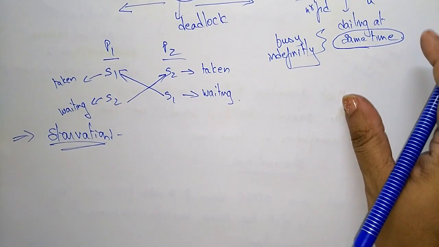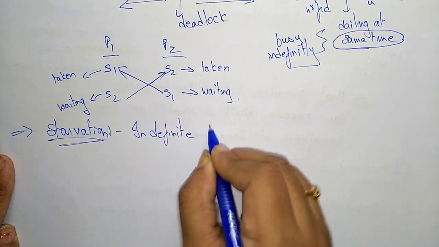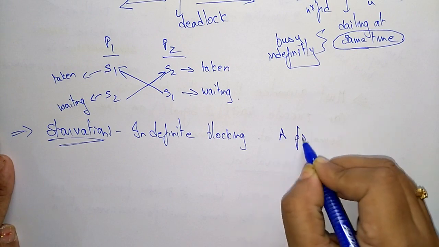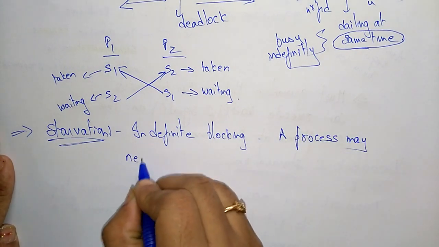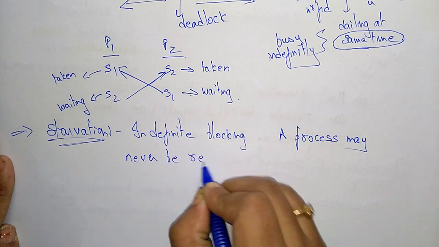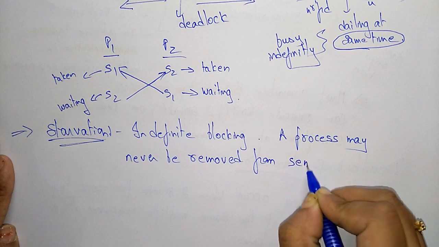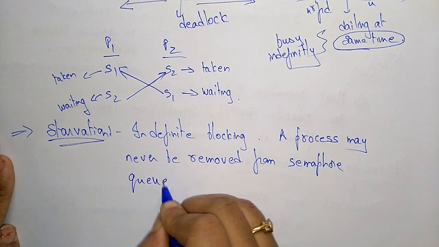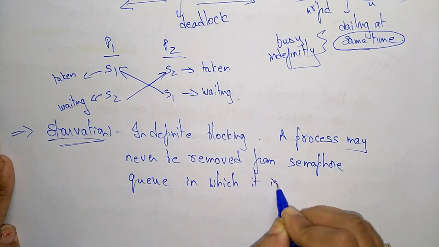So starvation means indefinite blocking. That is, a process may never be removed from the semaphore's queue in which it is suspended.